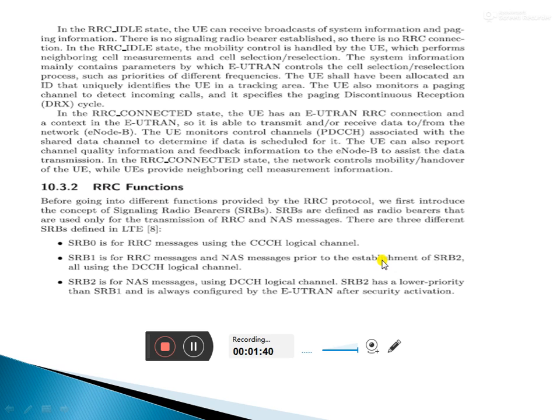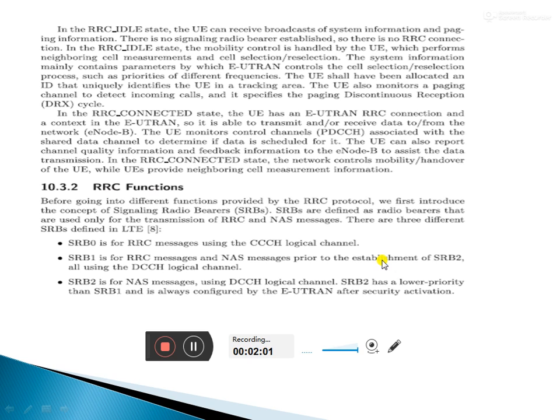The first one, SRB 0, is for RRC messages using the CCCH, the common control channel. It is a logical channel, and the RRC message is sent with the help of this channel.